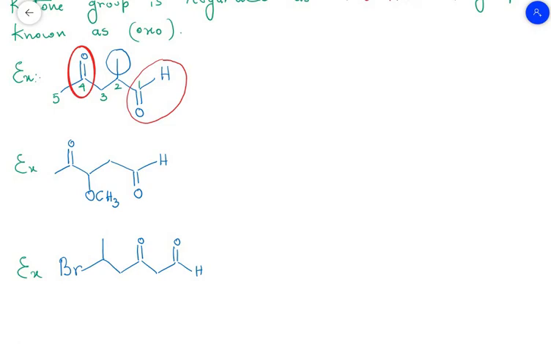So the aldehydic group is given the principal functional group, and here the ketonic group is called oxo. Therefore the name of the compound becomes 2-methyl-4-oxo-pentanal.